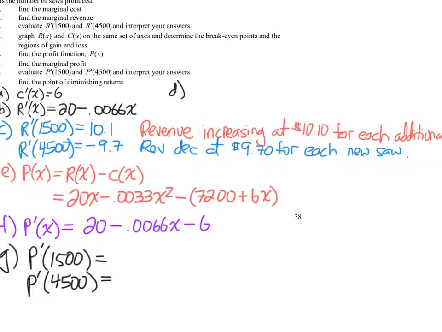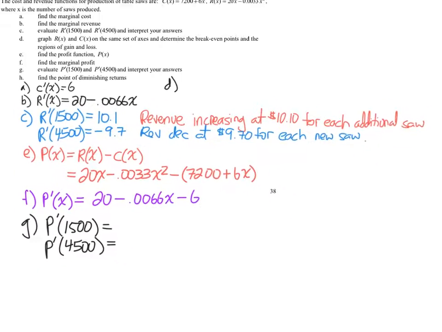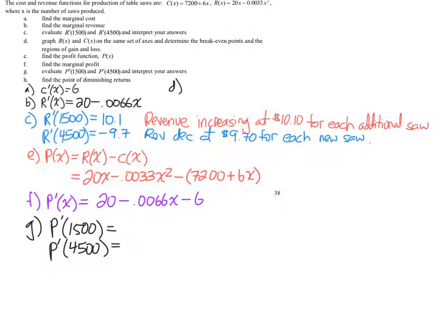I just paraphrased a little bit. Save a little space, gets the job done. Yeah, the revenue decreases at $9.70 for each new saw. All right, so definitely going down.